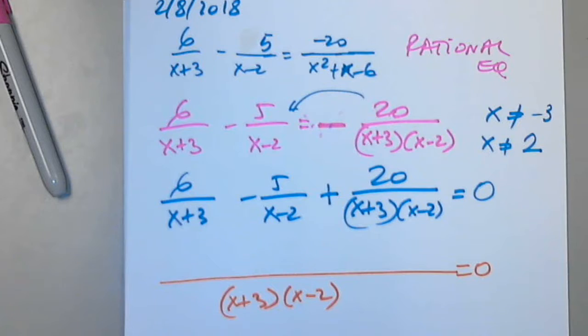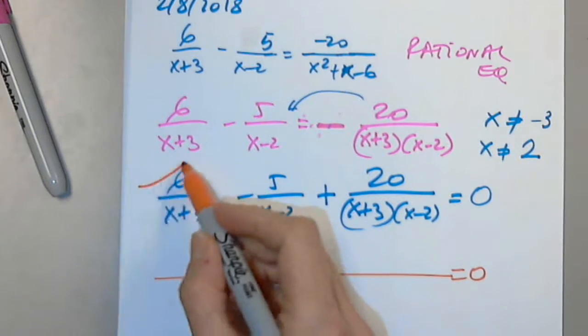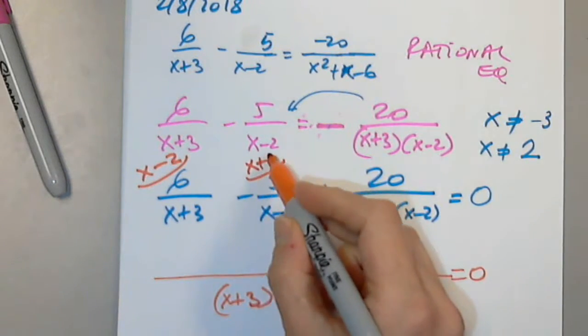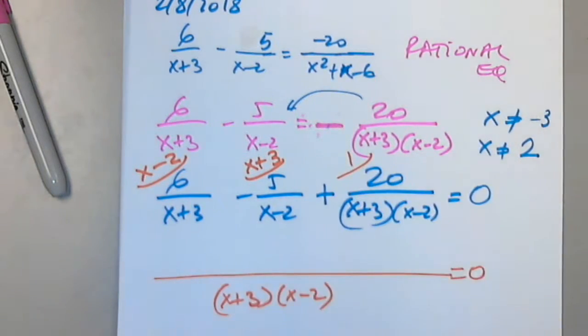It's a must. So if x plus 3 was multiplied by x minus 2, the numerator has to be multiplied by the same quantity. If x minus 2 was multiplied by x plus 3, the numerator has to be multiplied by the same quantity. And the last one, the denominator is the same, so I will just say I'm multiplying by 1.